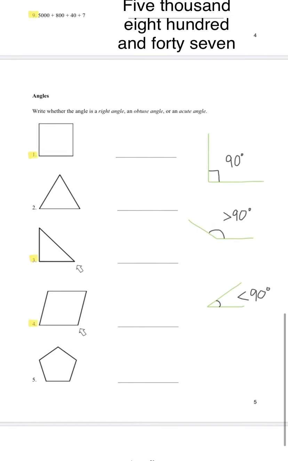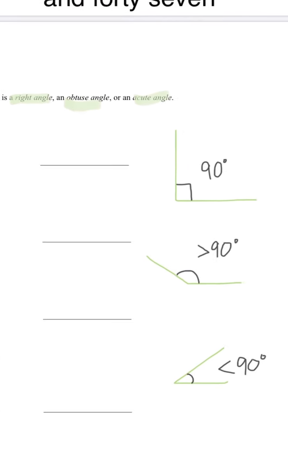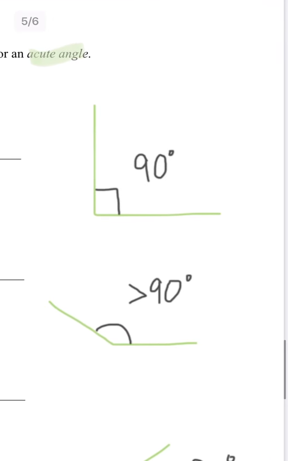Last page, angles. So it says write whether the angle is a right angle, an obtuse angle, or an acute angle. Okay, well, let's first review what those angles are. So this is a right angle, where the degree equals 90, okay?